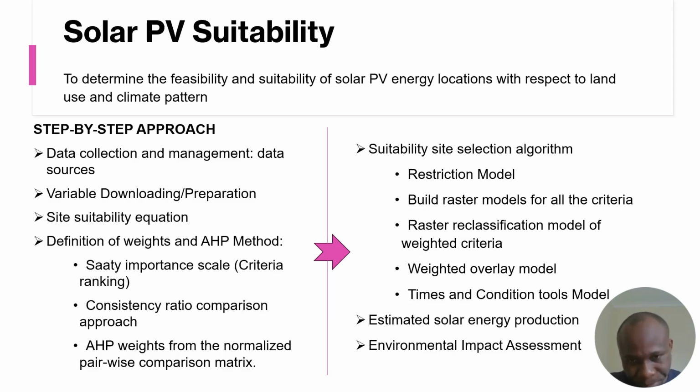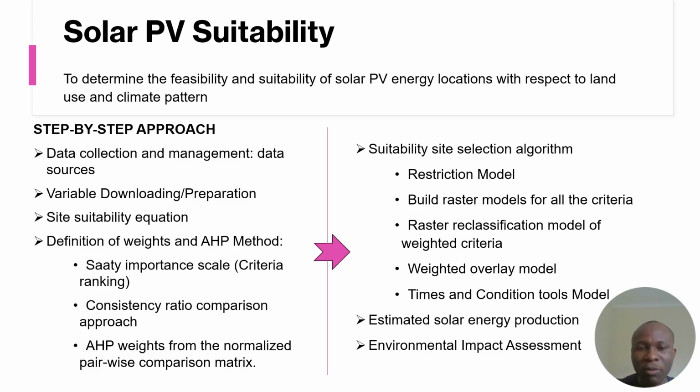Then we'll be applying the result of AHP to the rasters, thereby classifying them. Then we're going to be doing a weighted overlay model, then a Con tool model to give us the final refined result for the suitability analysis.